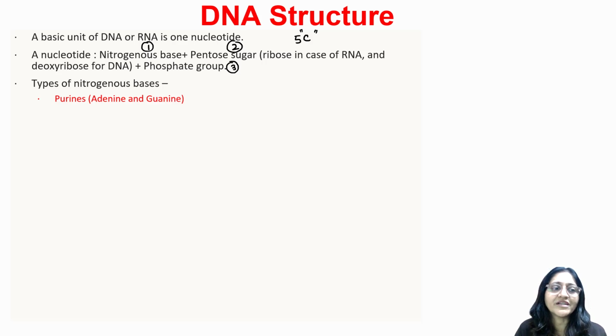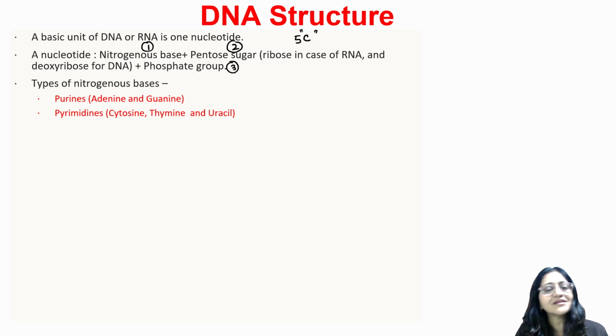You have two major types of nitrogenous bases, purines and pyrimidines. Purines are adenine and guanine, while pyrimidines are cytosine, thymine, and uracil. Earlier I had mentioned that we have four alphabets, which are nitrogenous bases.